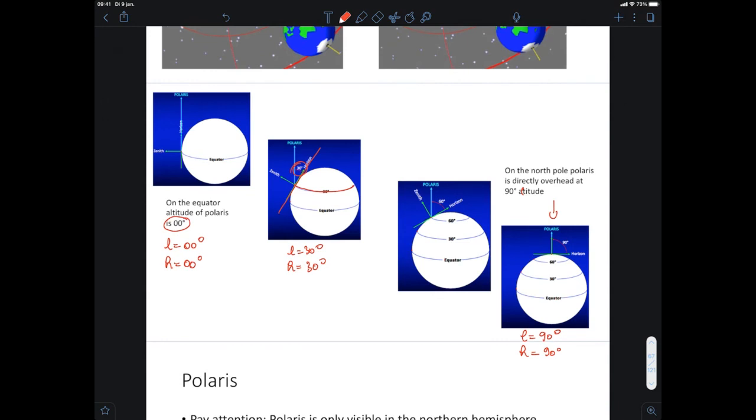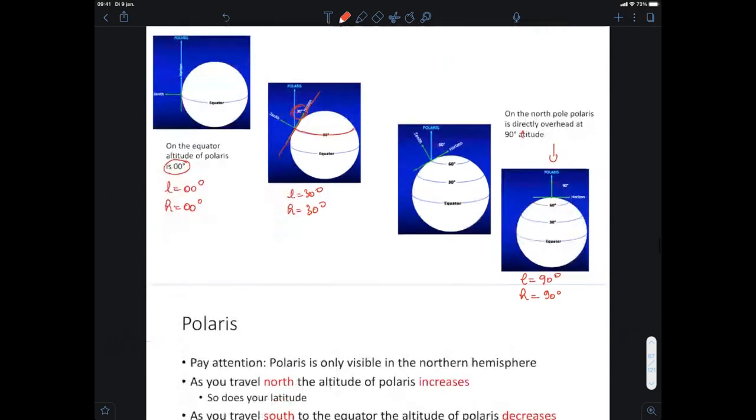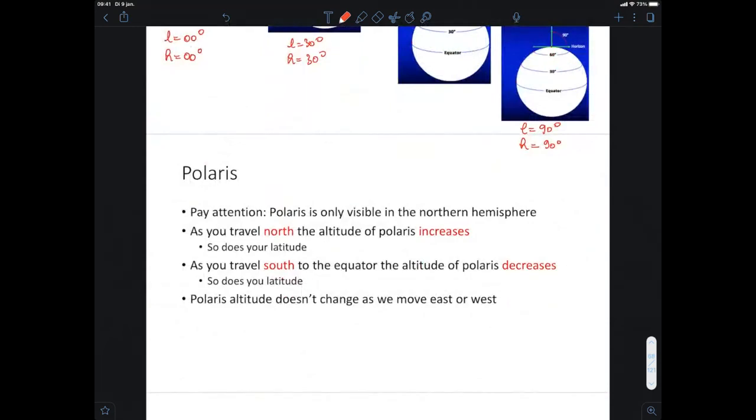And this goes for all latitudes in the Northern Hemisphere. You can only use this method because Polaris is only visible in the Northern Hemisphere, and as of now, there hasn't been determined a South Star which coincides more or less with the South Celestial Pole.